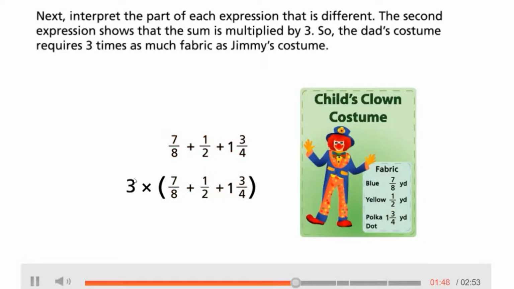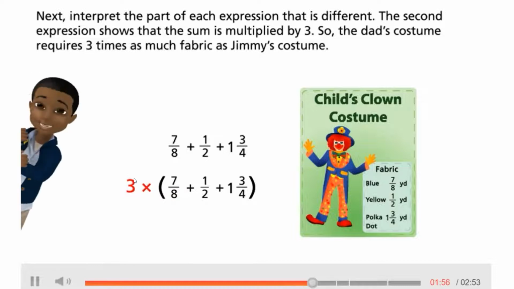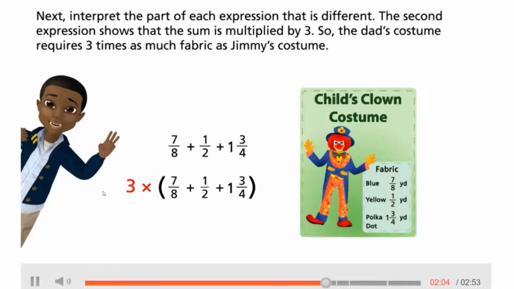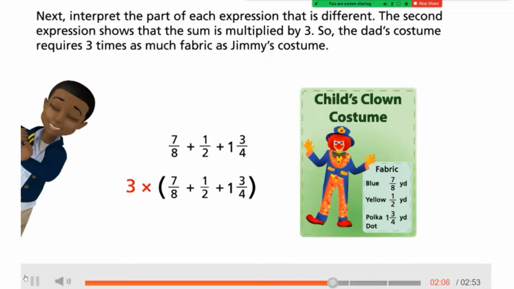Next, interpret the part of each expression that is different. The second expression shows that the sum is multiplied by 3. So the dad's costume requires 3 times as much fabric as Jimmy's costume. Remember, multiplying by 3 means 3 times as much.